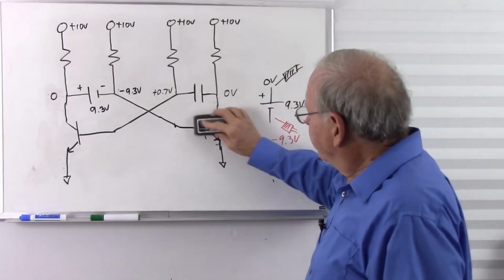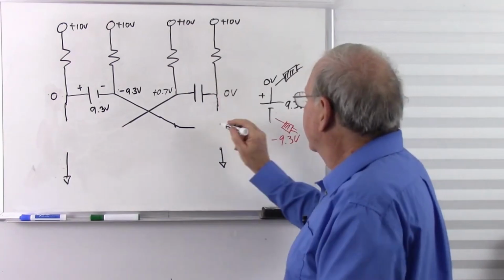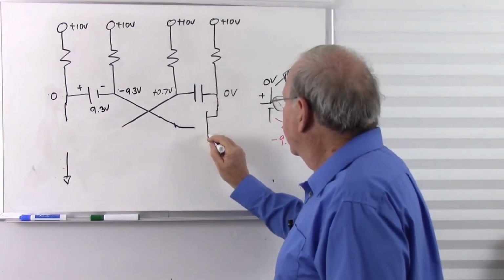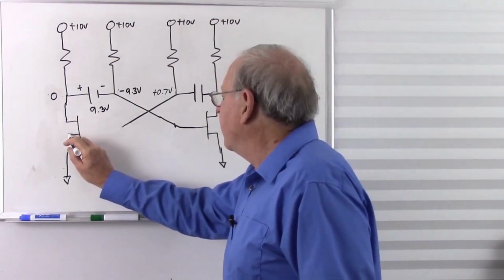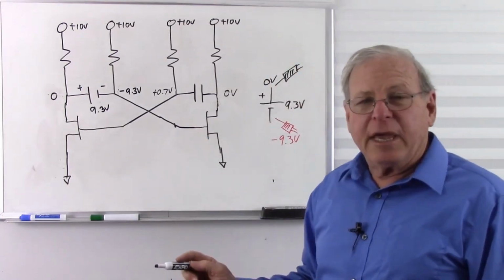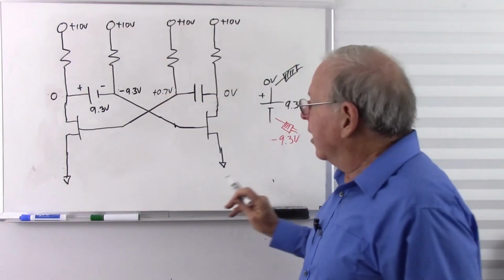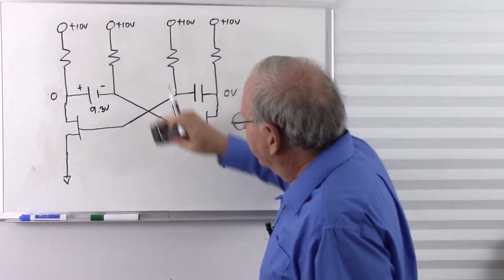And if we replace these transistors with field effect transistors, I won't deal with polarity at this point. Well, they have such a high impedance that we're back to working just like we did before. We don't have that interesting anomaly of this voltage being pulled down to 0.7 volts.